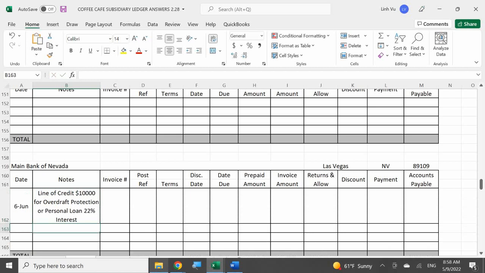Okay. That's definitely something you should put a note here, but that doesn't mean there's necessarily a transaction here, right? Because this is a condition. At least we know that if we do go over the money or we do pull the money out, we're going to get 22% interest charged. So at least that's something we can keep in mind. Okay? And that we have a $10,000 credit limit.